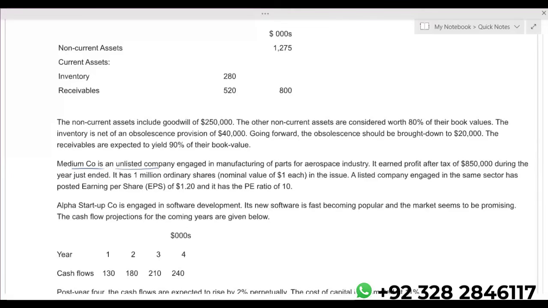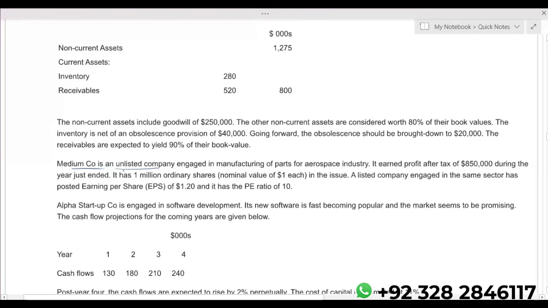In a multiple choice question and a section B question, if adjustment is required, examiner will give you the hint. Otherwise, whatever P/E ratio examiner gives you, you will be using the same P/E ratio to value the private company. Obviously, the assumption is the P/E ratio of XYZ listed company is comparable for a private company as well.